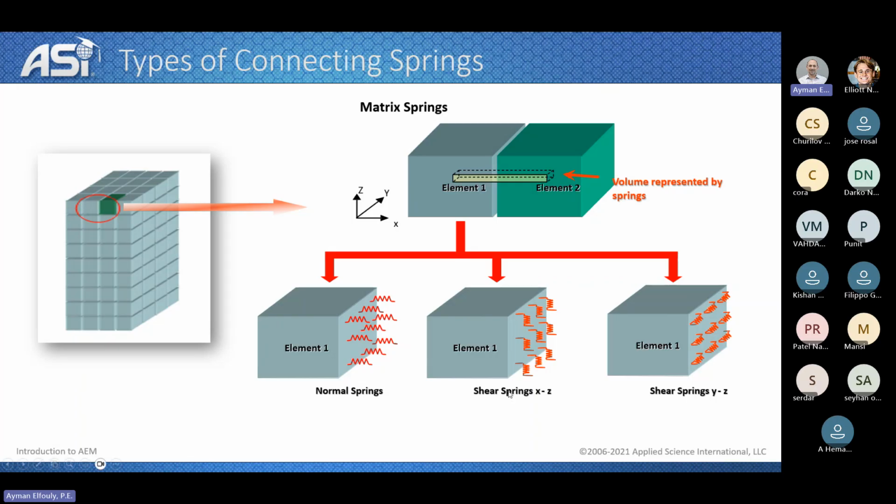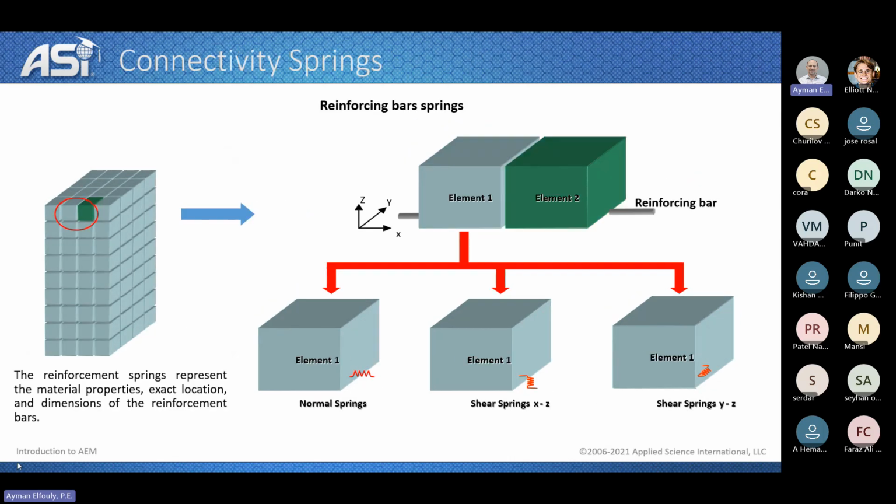So when we say one spring, it is actually three kinds of springs that are generated: one normal spring for the normal deformations, and two shear springs for the shear deformations, one in the XZ direction and one in the YZ direction.